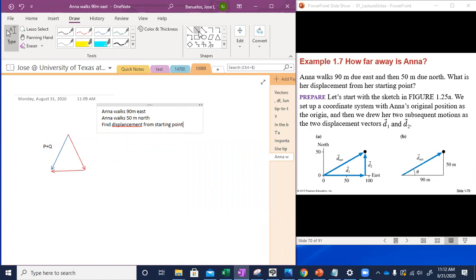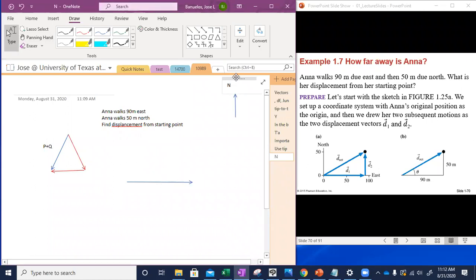So we'll start off with the first bit of information, which is 90 miles east. I could just instinctively make an arrow that looks like that, but really the very first step is to define our coordinate system. The default in this class is that up is going to be north, which means everything else falls into place.